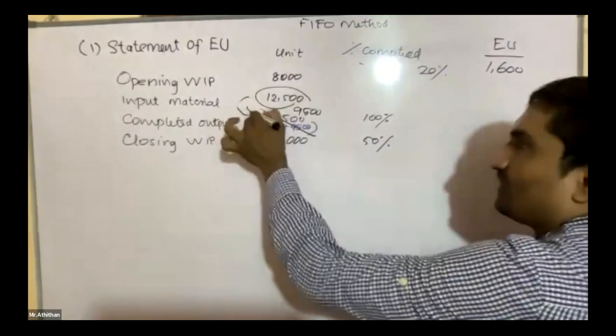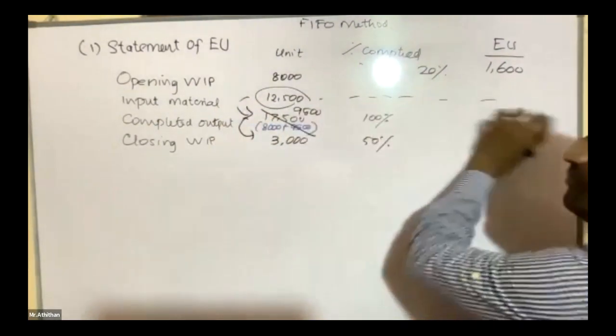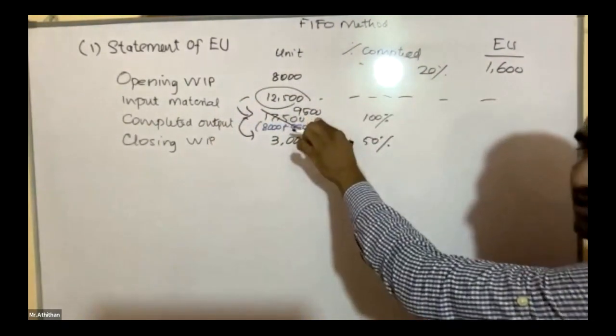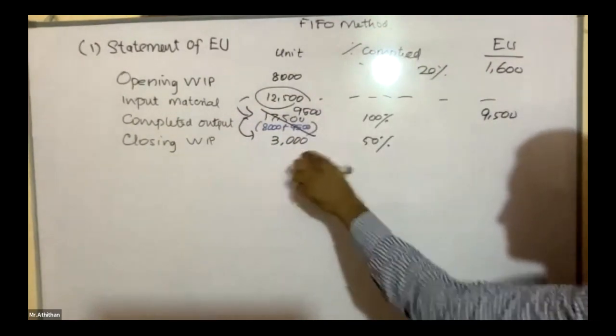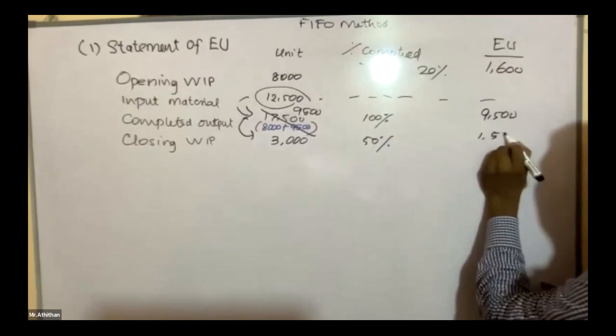இந்த input வந்து இங்க வாரபடியால நாங்க இதை எடுக்க மாட்டோம். 9,500 full 100%. 3,000 at 50% is 1,500.